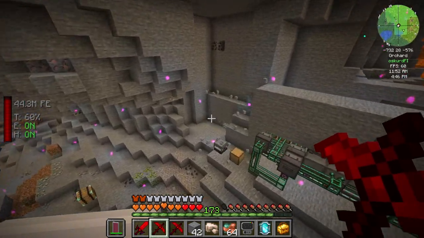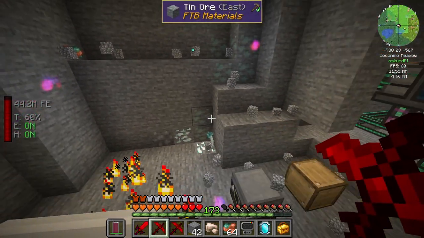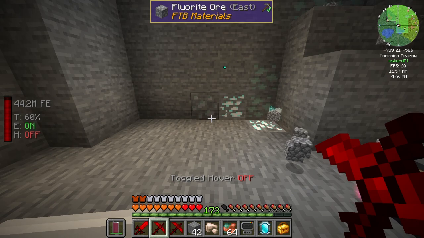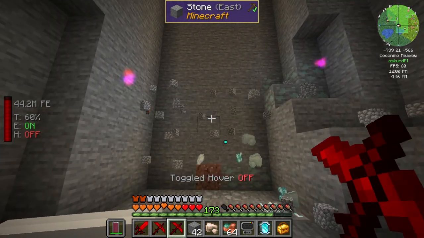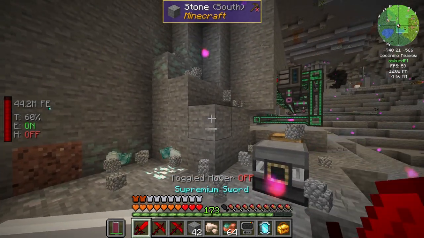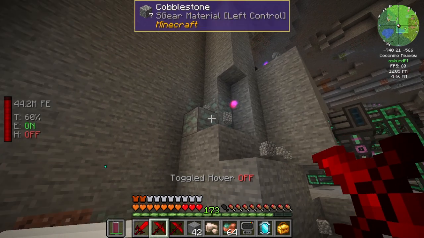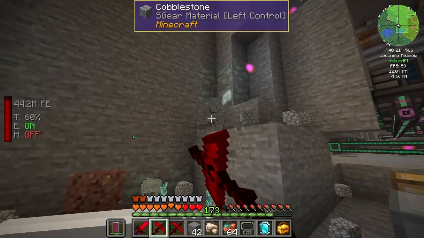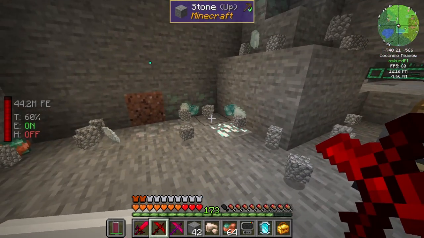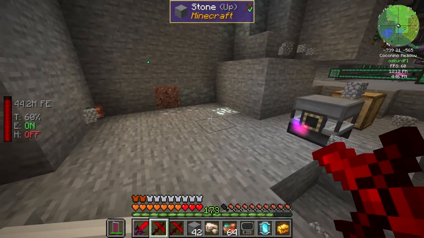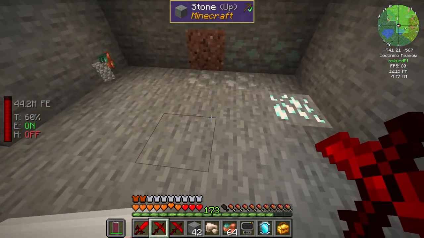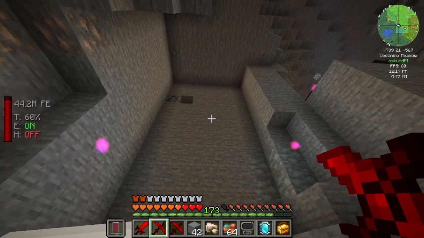Now we can actually see this cool looking power. It will be here, 3x3, and then tall.